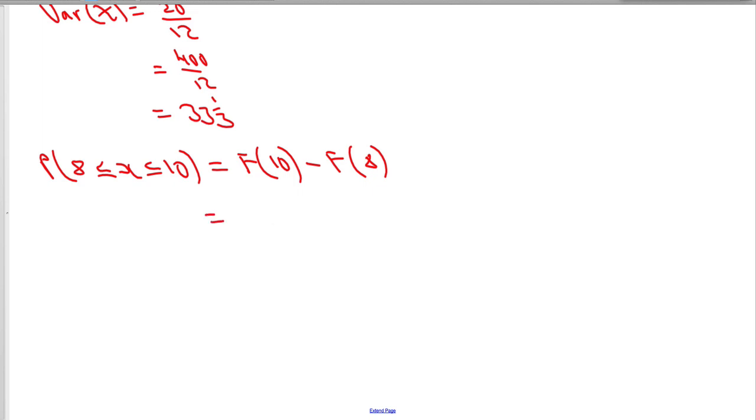Well, f of 10 is x minus a over b minus a, which is going to give me 10 minus 0 over 20, which is a half, minus f of 8, which will give me 8 over 20, which is 4 over 10, which is 2 over 5. That's 5/10, that's 4/10, which leaves me with a probability of 1/10.